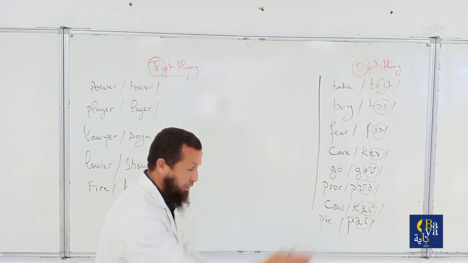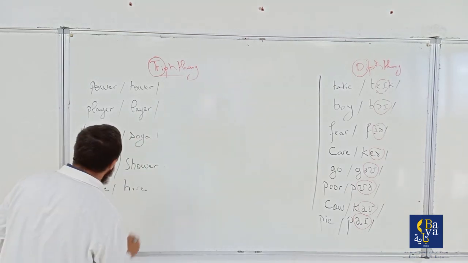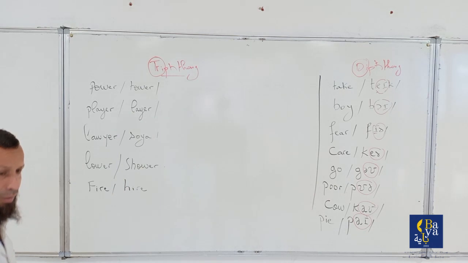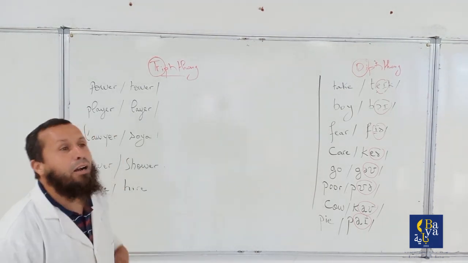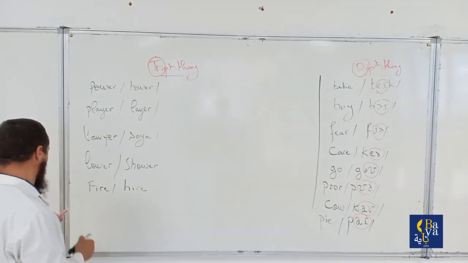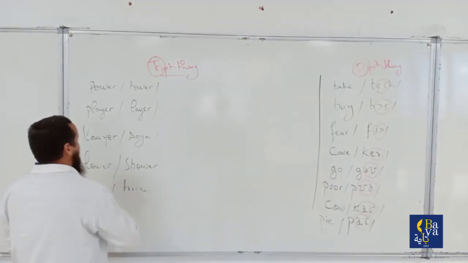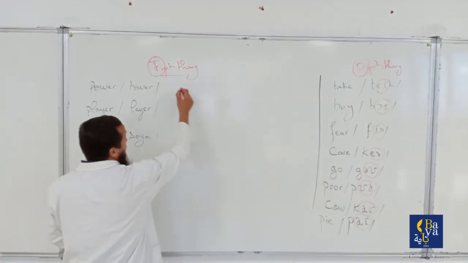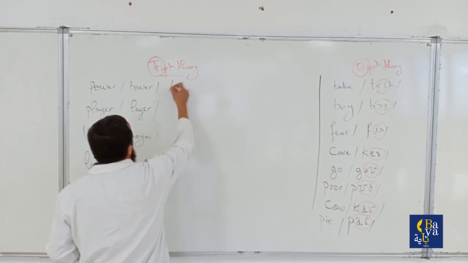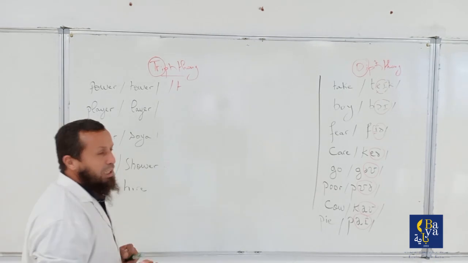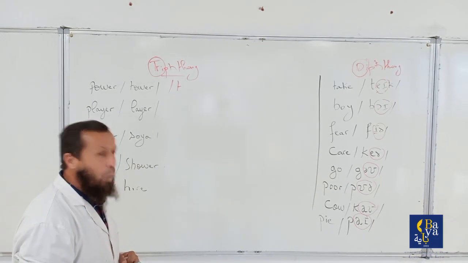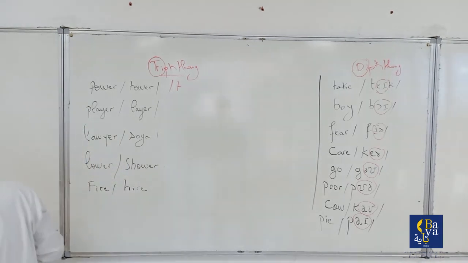This is to hire. Now here we have 1, 2, 3, 4, 5. We have 5 triphthongs. Where are the triphthongs, sir? I will write it phonetically. Ta, wa, it is tawa.